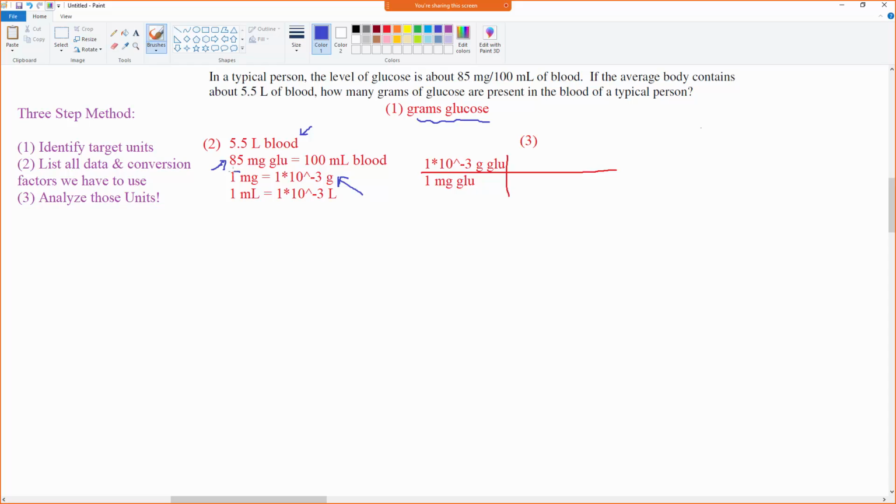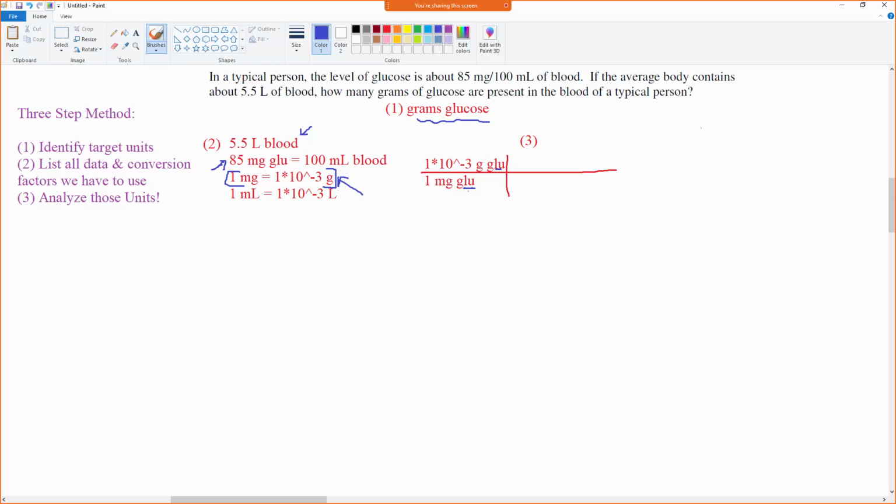Now this conversion factor of 1 milligram equals 1 times 10 to the negative third grams is a universal conversion factor. It's for anything. 1 milligram of anything is 1 times 10 to the negative third grams of anything. So if I need grams of glucose, then I can steal that, yoink, and I can make it 1 times 10 to the negative third grams of glucose is equal to 1 milligram of glucose, right? And then I just move on from there.